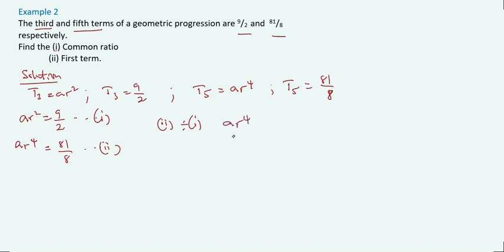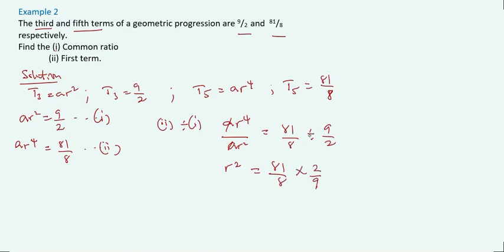AR raised to power 4 divided by AR square equals 81 over 8 divided by 9 over 2. So this cancels this, and we have R raised to power 2 is equal to 81 over 8 times 2 over 9.